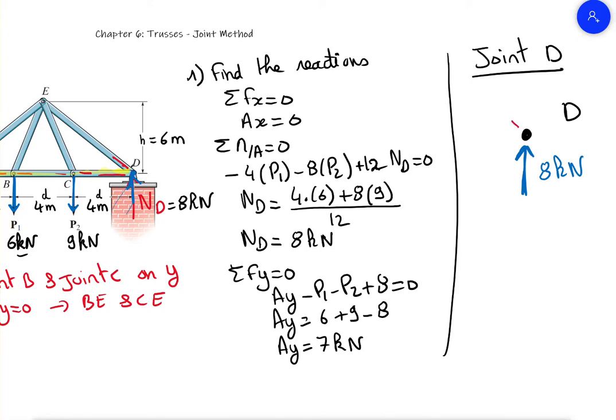We have a force FED and a force FCD. This one needs to go down because this one is going up, and this one must go left because this one is going to the right. We have our axes X and Y, and you can tilt them if you want; sometimes it's convenient, not here.